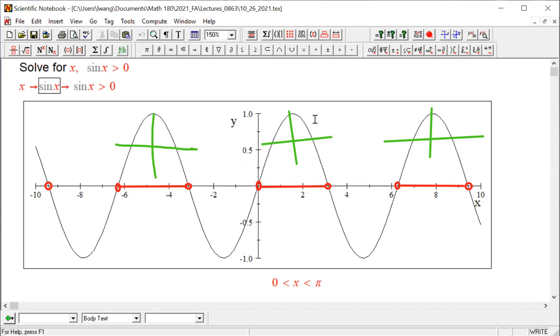Over here, this is between 2 pi. I know we're not used to these kinds of solutions where we have lots of solutions. And over here, what do we have? Negative 2 pi less than x less than negative pi.